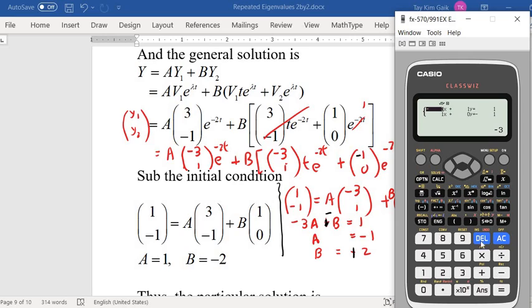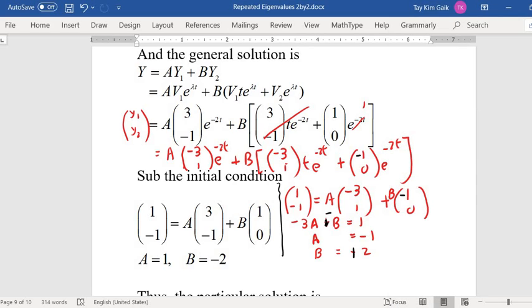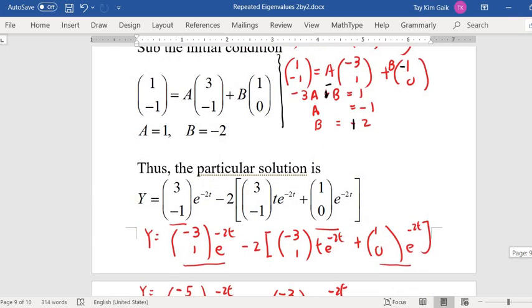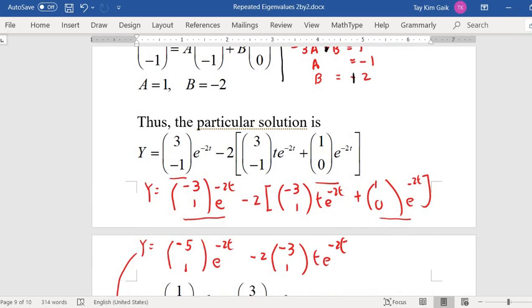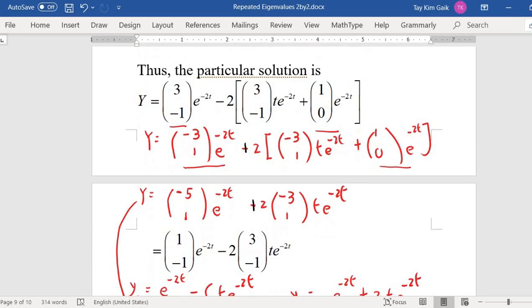A is negative 1, B is positive 2. And my v2, this is negative 1, 0.